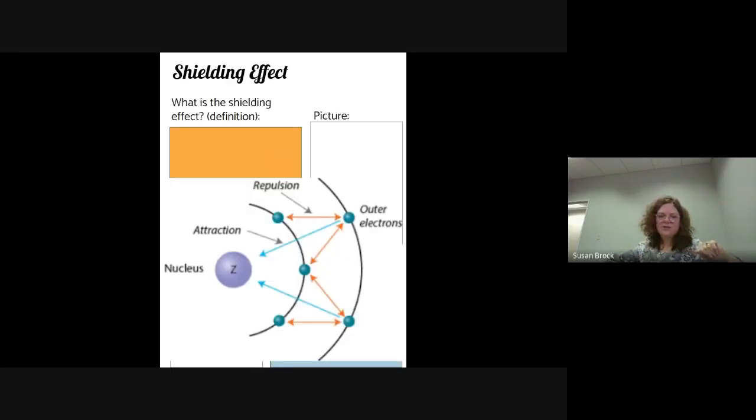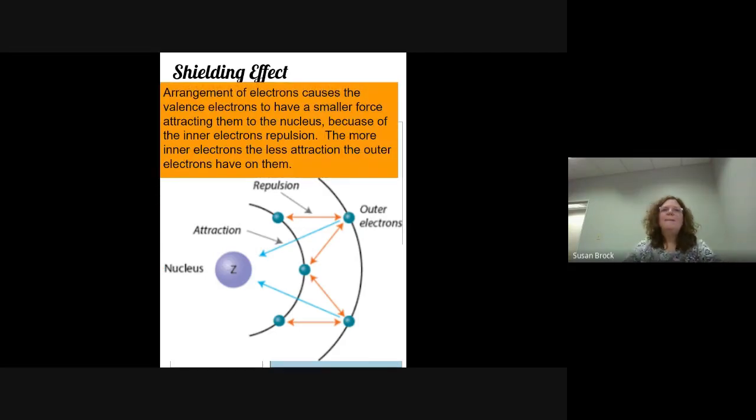All right, so something that affects Coulomb's law. Now, Coulomb's law is true across the board, okay? But something that could also decrease the attraction is this shielding effect, okay? So if you look at my graphic here, all the positive charges are in the nucleus, and then you've got all these electrons out here roaming around.